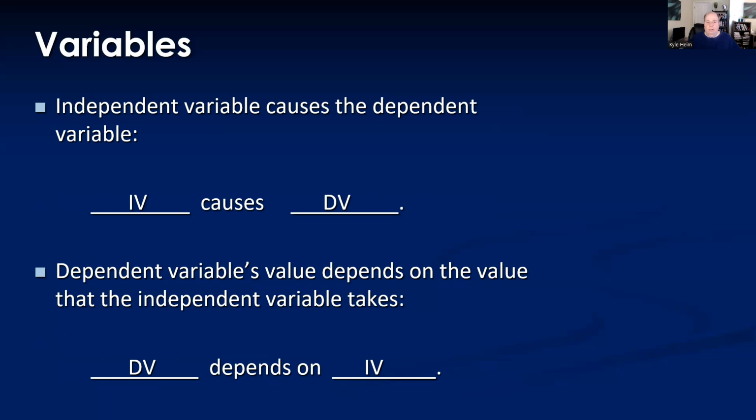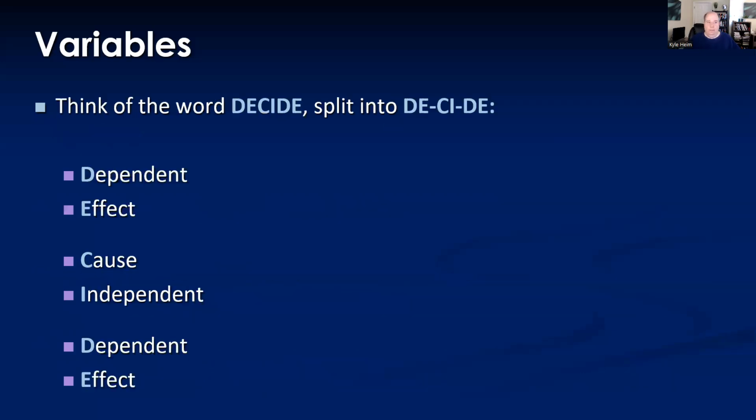The dependent variable's value depends on, that's why it's the dependent variable, the value that the independent variable takes. In other words, the DV depends on the IV. Those are two ways that you can think about that relationship between an independent and a dependent variable.